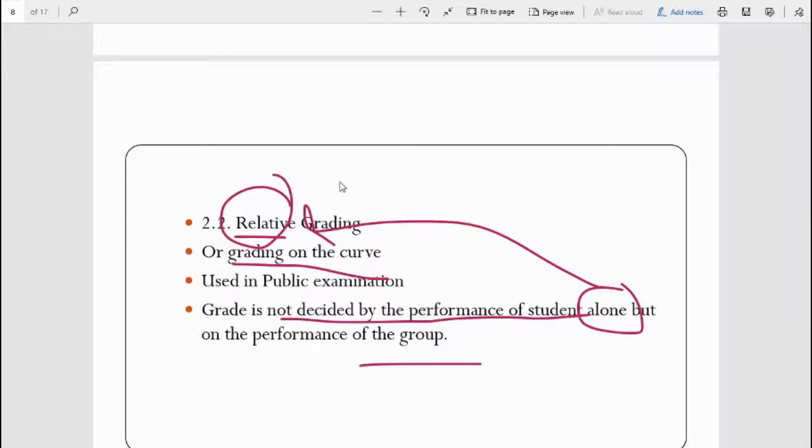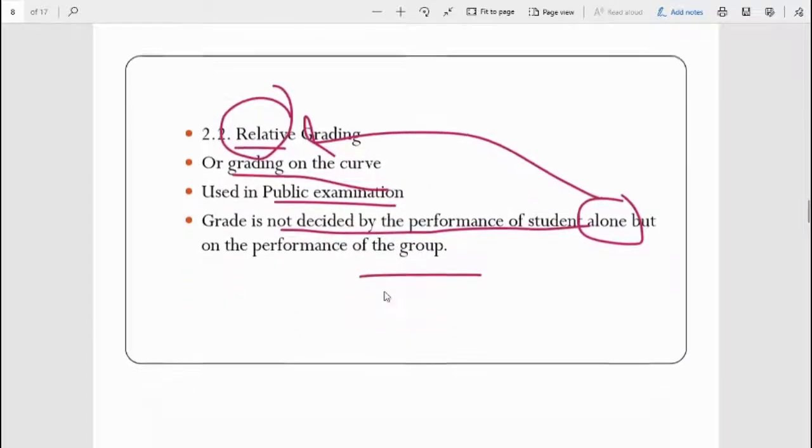The example of relative grading is a public examination. Say for example, you are writing a UPSC exam, and in that you don't make it into the cutoff list. So there your performance was judged on the performance of the other group also, and you failed in that relative grade.